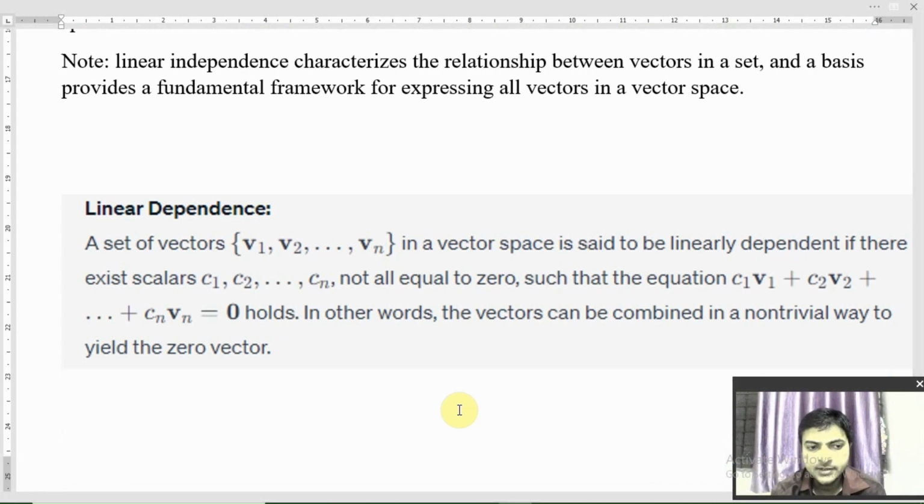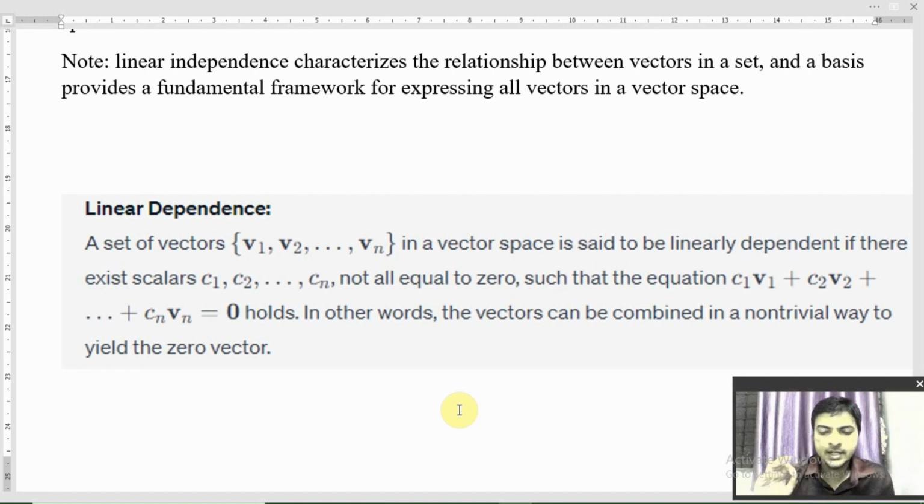Linearly dependent says that a set of vectors v1, v2 till vn in a vector space is said to be linearly dependent if there exist scalars c1, c2 till cn, not all equal to 0, such that the equation c1 v1 plus c2 v2 till cn vn equal to 0 holds. In other words, the vectors can be combined in a non-trivial way to yield the zero vector.